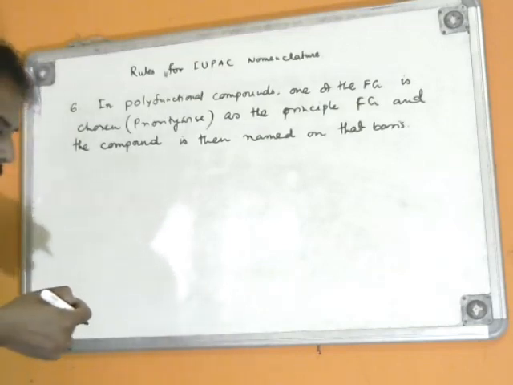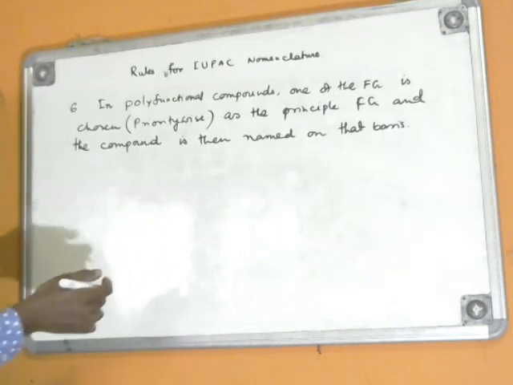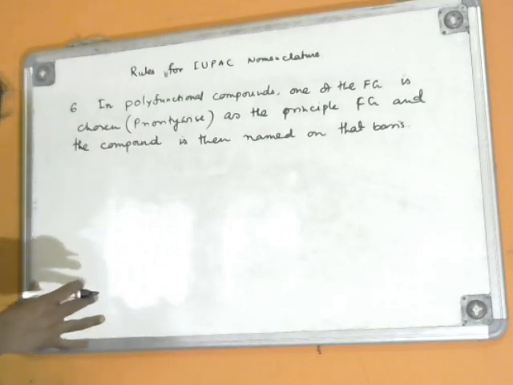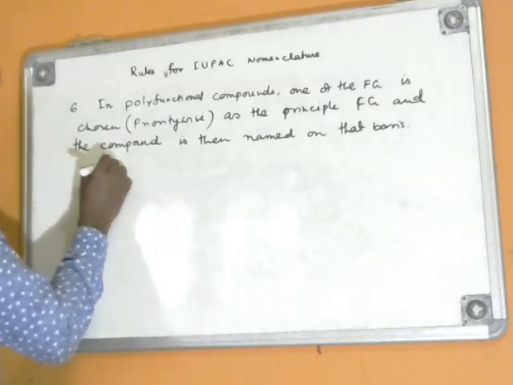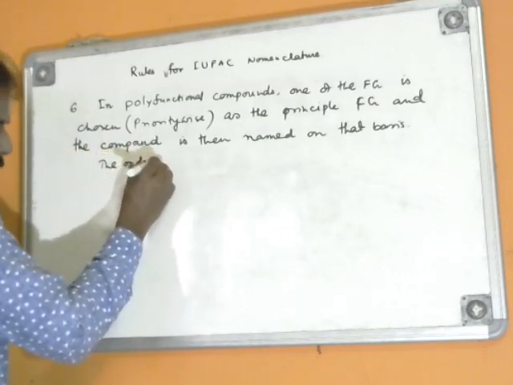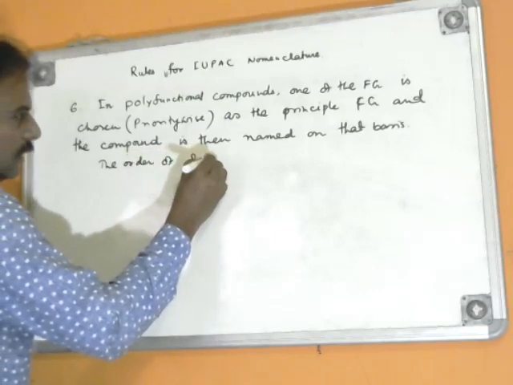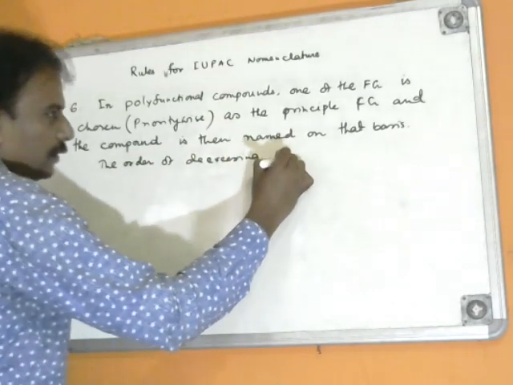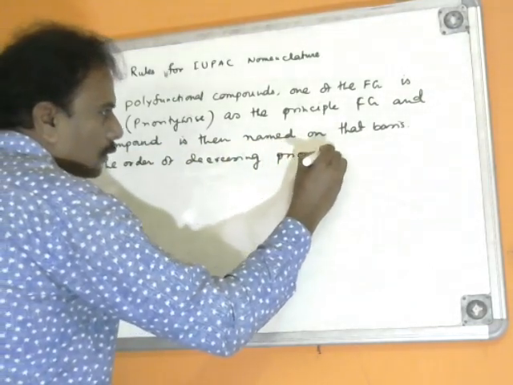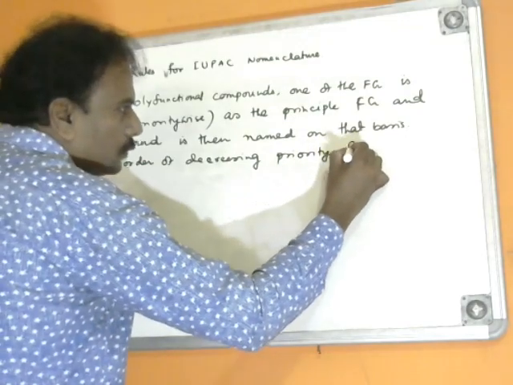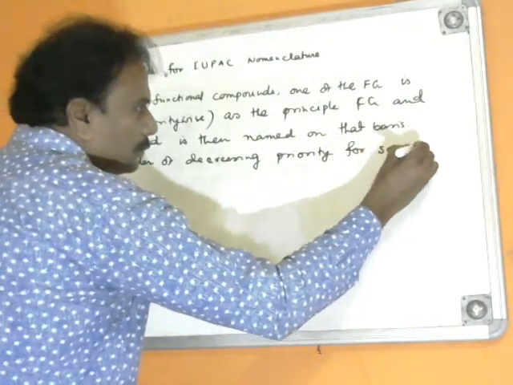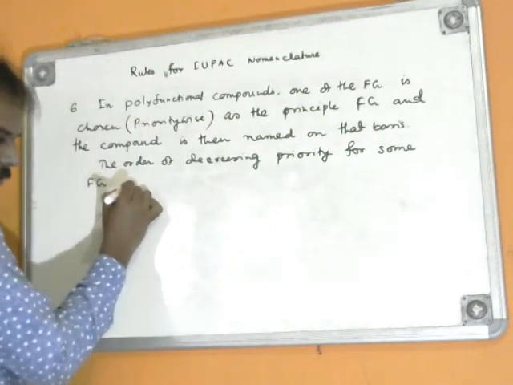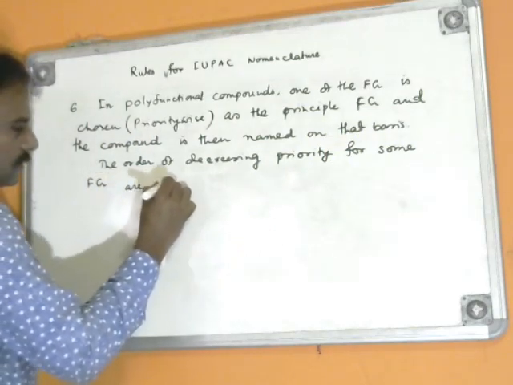So I am listing a table where the order of decreasing priority for some functional groups is as follows.